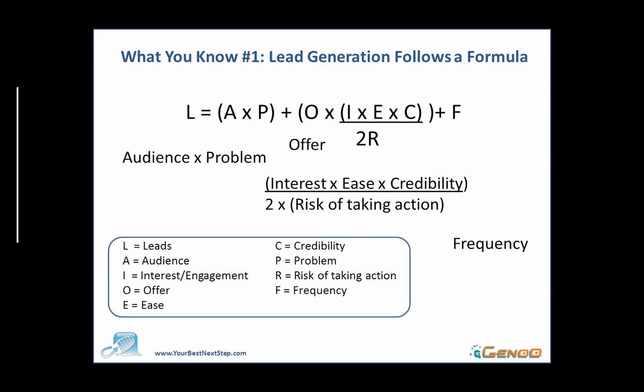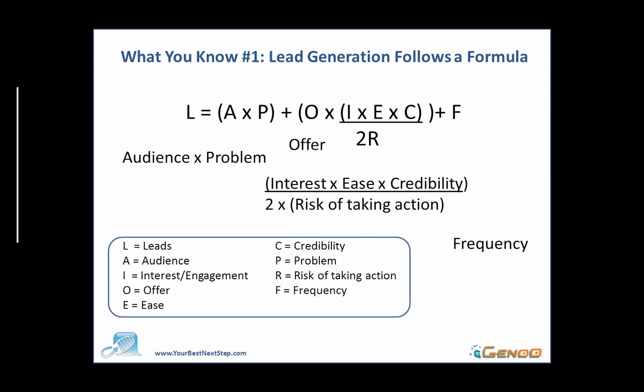So let's not get too caught up on the details of the equation, but what we are going to do is use this equation to help us keep track of these elements. Each of these elements is important for a successful lead generation campaign, so we don't want to lose track of them. That's what we're going to use this equation for. Let's group some of these together: the audience times the problem.